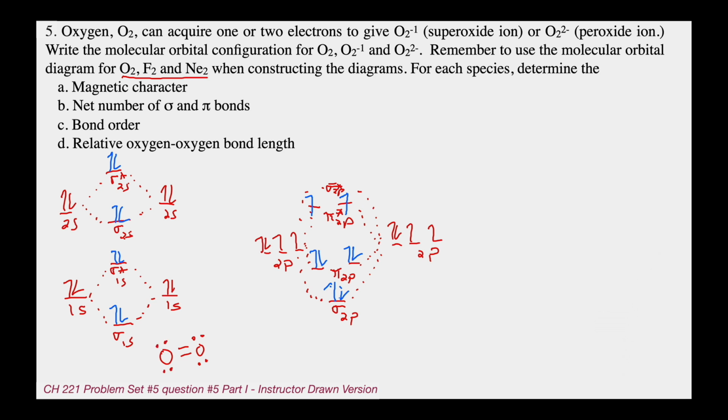Well, nothing in the Lewis structure looks paramagnetic. All right, we have bonding pairs between the atoms. We have lone pairs on the oxygen, but there's no single electrons. So MO diagram is actually a better way to describe O2.